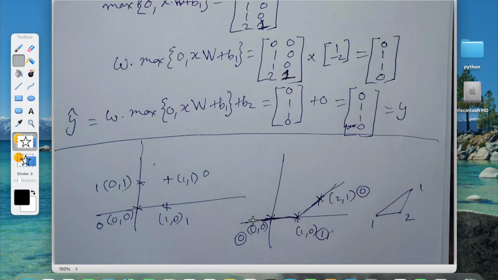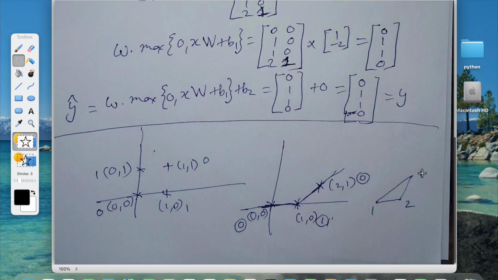And that is why our solution space now looks something like this, where there are two values over here, one value over here and one value over here, and the two values are ones, and the outputs for the other two are 0.